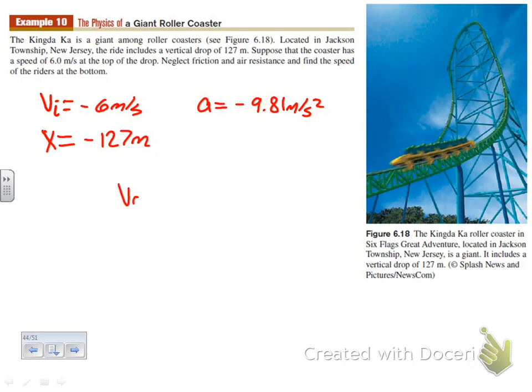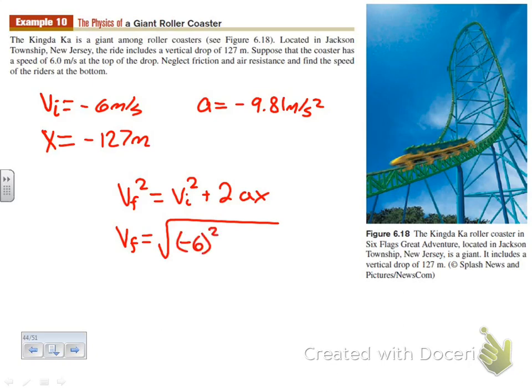So we would end up using Vf squared equals V initial squared plus 2ax. So we rearrange it, and our V final is equal to the square root of V initial squared, which is negative 6 squared, plus 2 times negative 9.81 times negative 127.